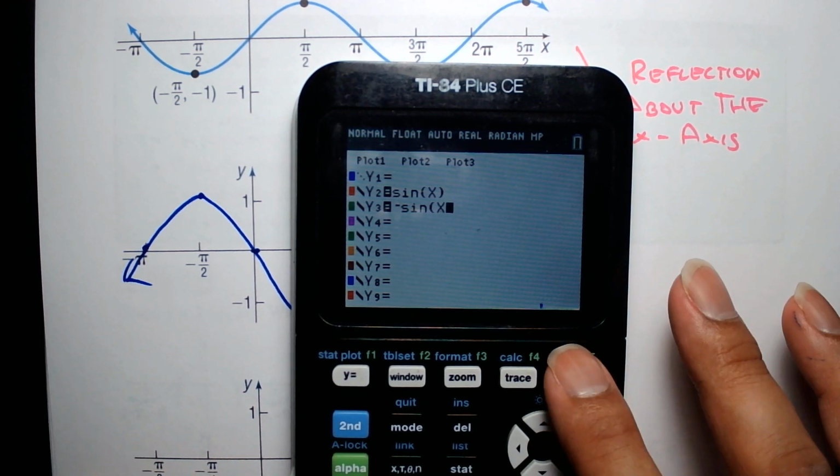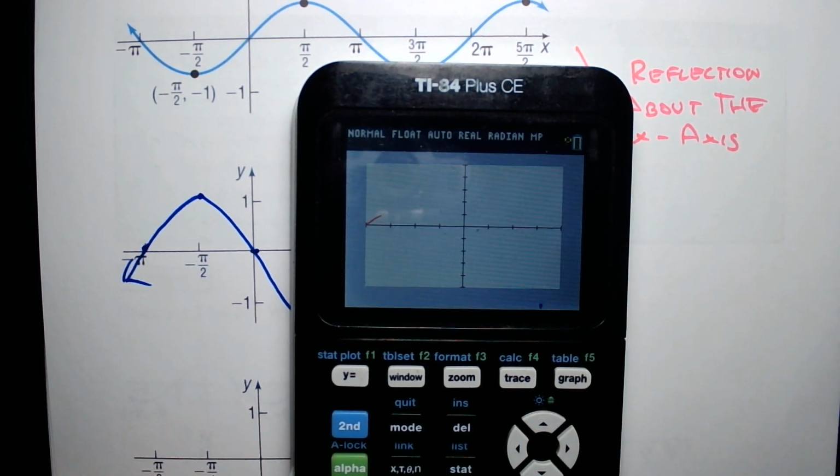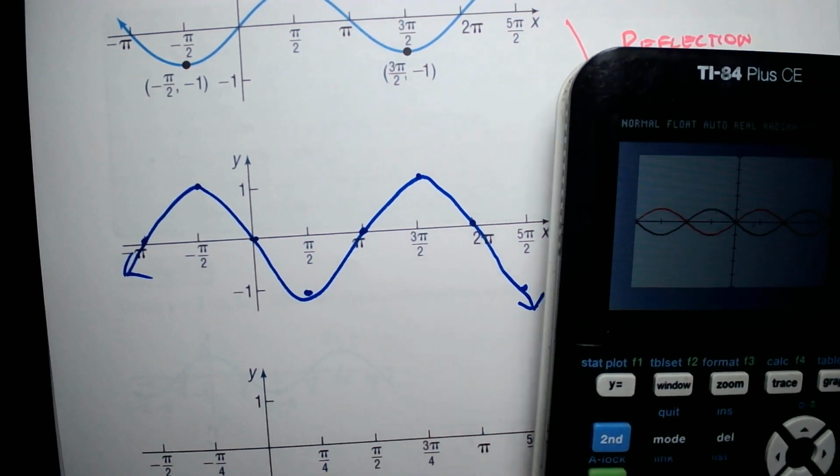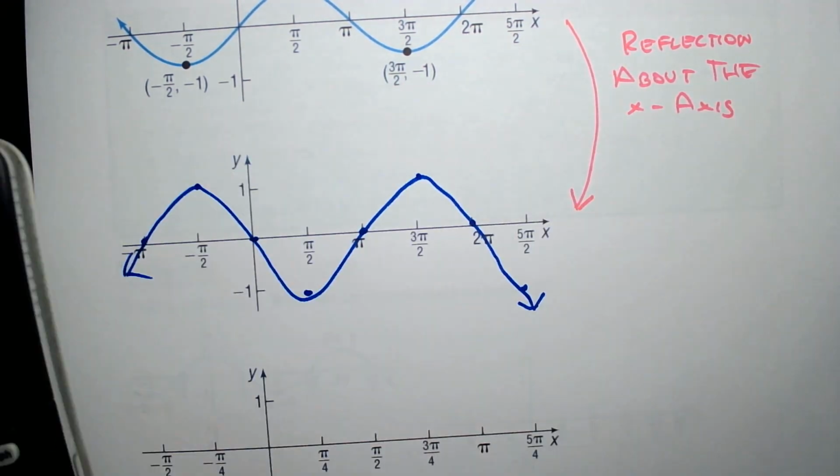Negative sine x will give me the original sine, and next the graph is basically flipped, which is what I have. It's pretty much upside down with respect to its original.